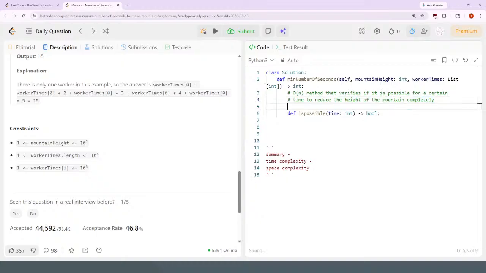So given a certain time, basically I'm going to use up all the time, or every worker is going to spend up to that amount of time to reduce as much height as possible.